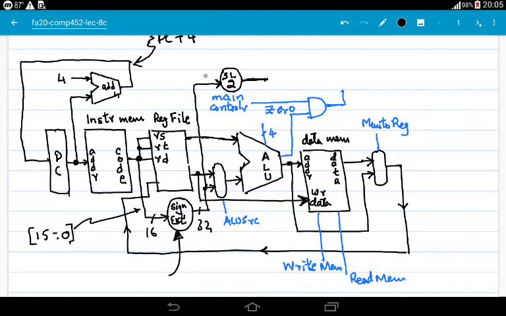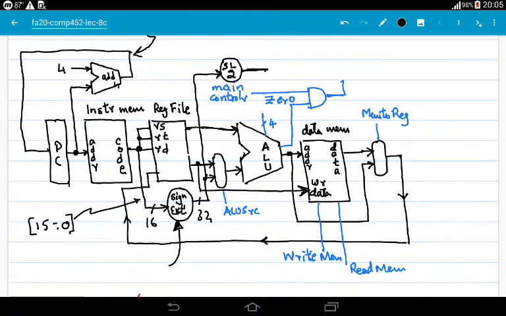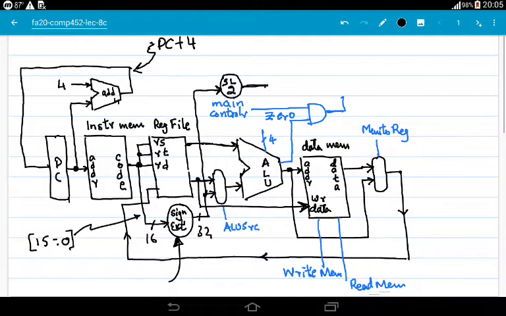If we input a negative number here, we get a negative number here. If we input a positive number here, we get a positive number here. Now our task becomes much easier. Now we want to add this number to the value of PC plus 4.